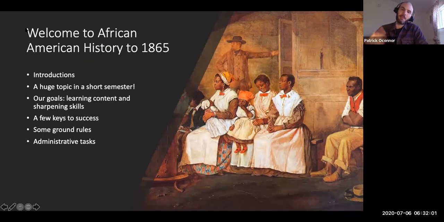Okay, so the central argument for this course is that African American history is simply American history, right? In other words, it's not a sidebar to American history. It's not a footnote to some bigger story of American history. In fact, you can't begin to understand colonial North America, those colonies that eventually became the United States after the American Revolution.